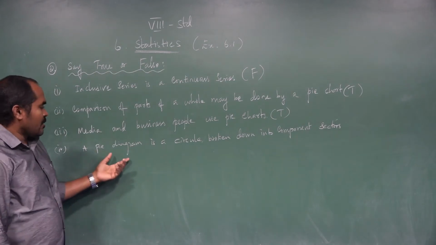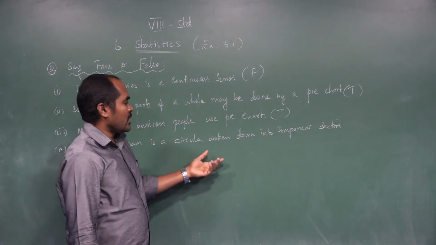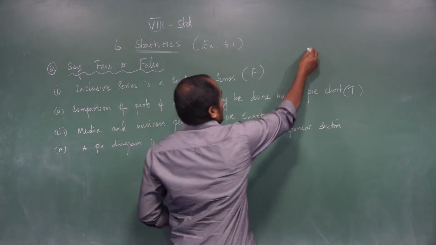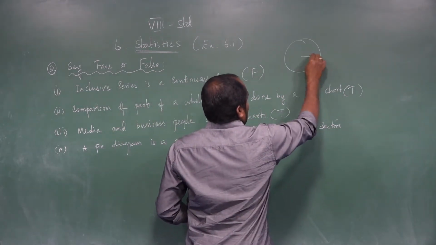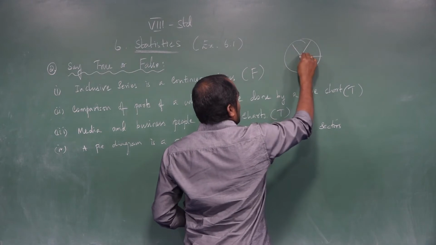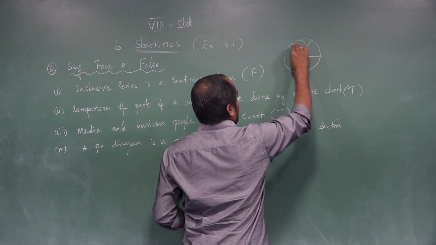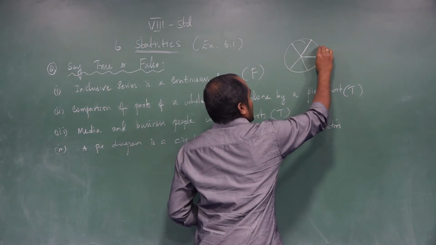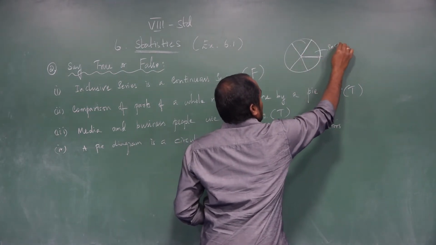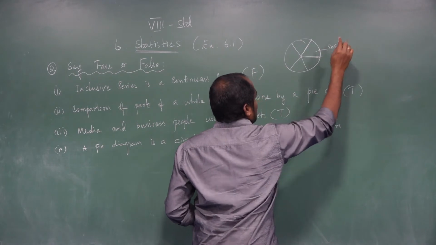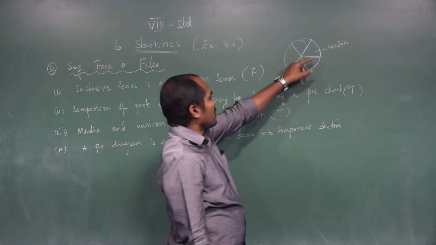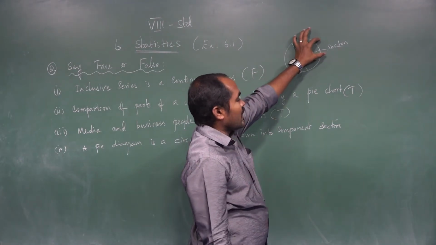A pie diagram is a circle broken down into component sectors. Yes, you know pie chart. This is an example of one pie chart, and this is a sector. A sector is a closed figure bounded by two radii and an arc.